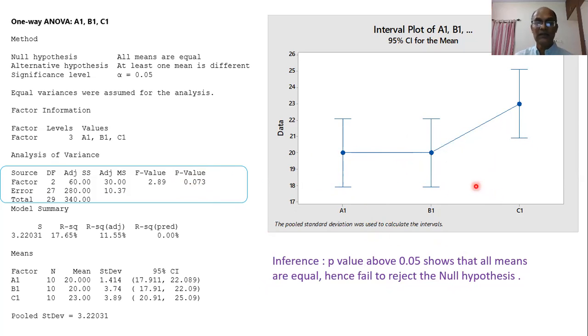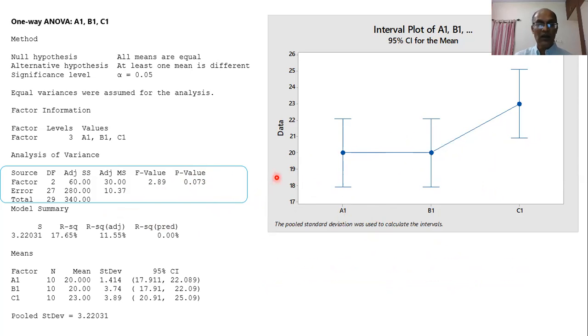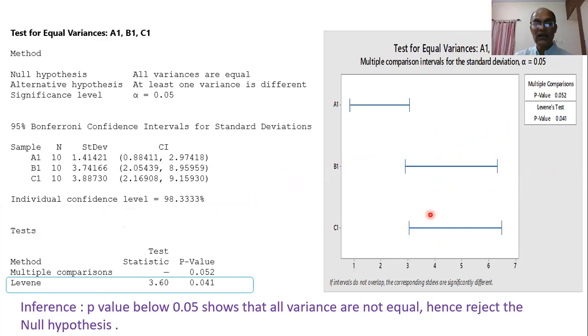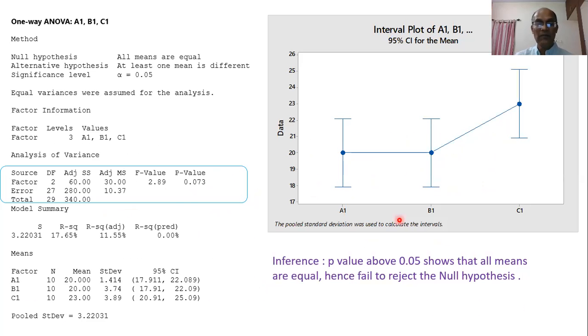So even though the means remain the same as in the previous case, since the standard deviations or the variances are different from each other, that is why we got a result saying that these means are not significantly different from each other.